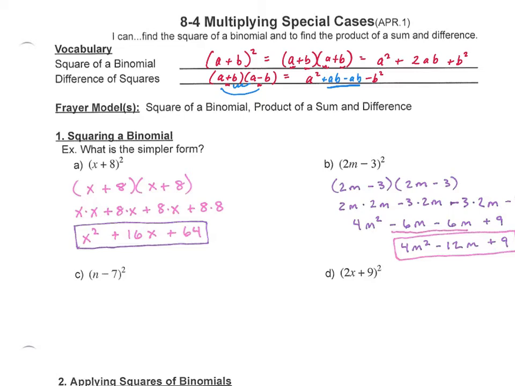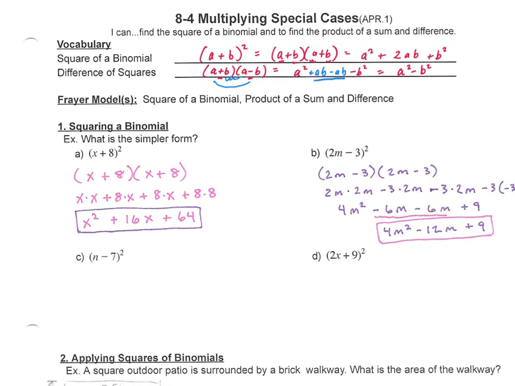That is the special rule: it becomes a squared minus b squared. If you can recognize the difference of squares, it becomes very simple to multiply that out.